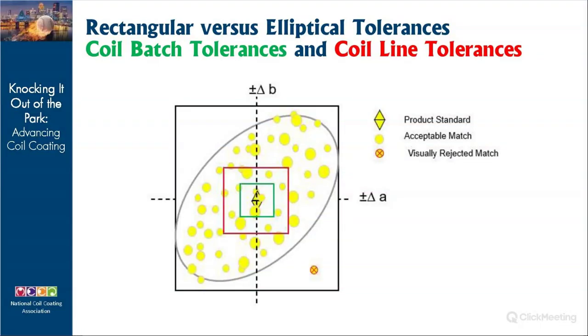So the idea is if we can gather a bunch of data and we can do visual studies over time, can we prove this out to where we could expand and use larger tolerances that better correlate with visual, but still give you good color match? And if we were able to prove that out, then the output for production lines could be much higher.